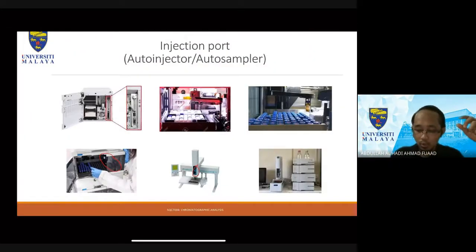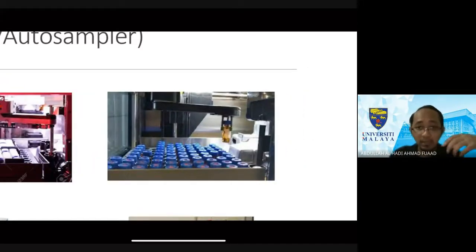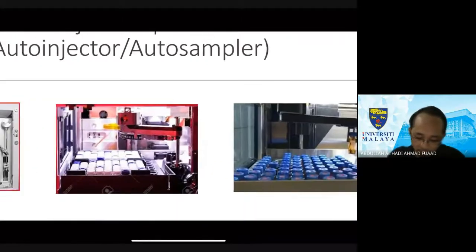That's a system where an arm picks up a sample and moves it into a needle position over here, and then the needle sucks the solution from the vial and injects it into your HPLC system for your run.